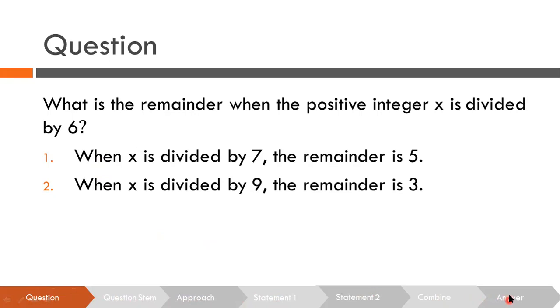So these are the steps. First, the question is in front of us. Next is the question stem, and this one is the approach that we will have to think about, on which way we will have to go. And statement one is this one, and statement two.